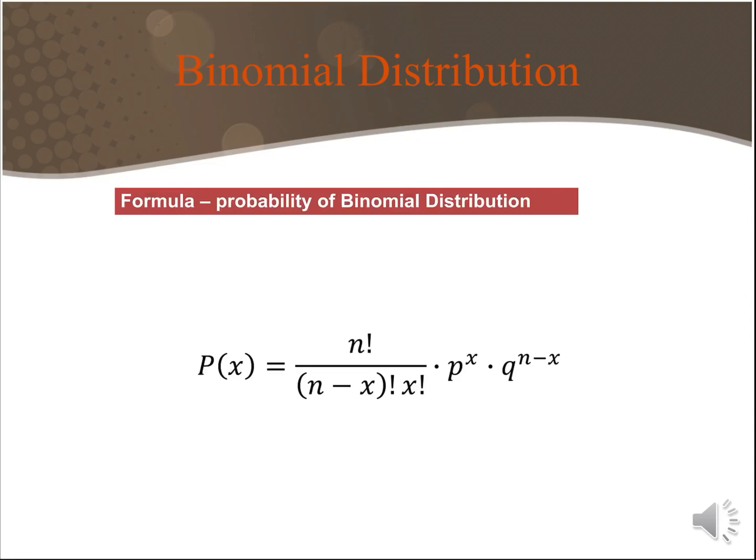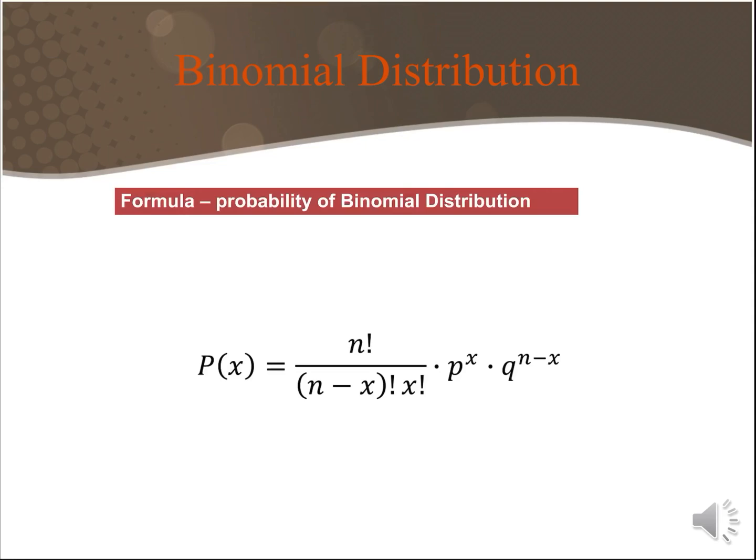Let's do some math for the binomial probability of a binomial distribution. So let me break this formula down a little bit for you. I apologize for how long it is, or for how complicated looking it is. P of x means the probability of x successes in the trial.